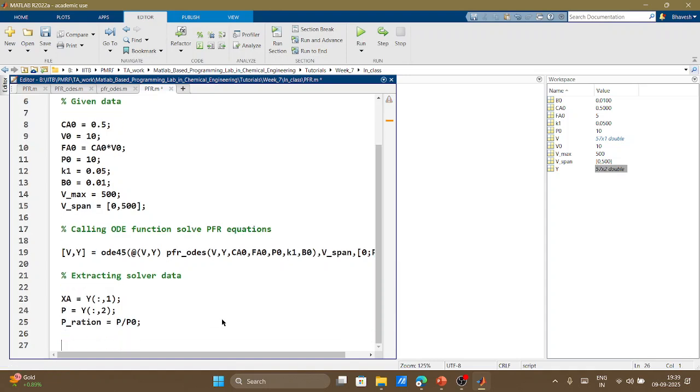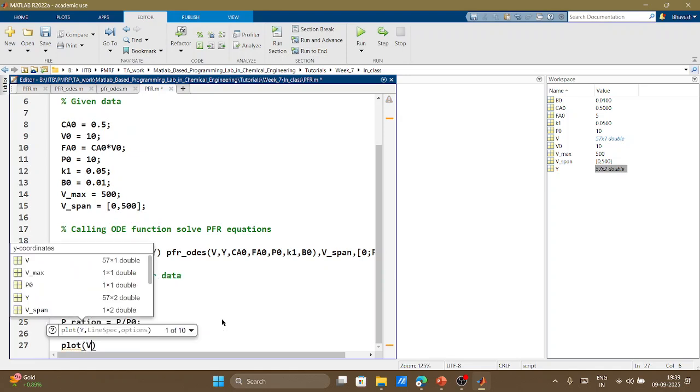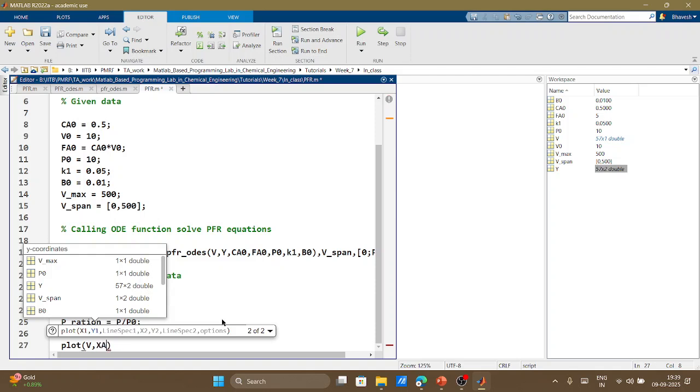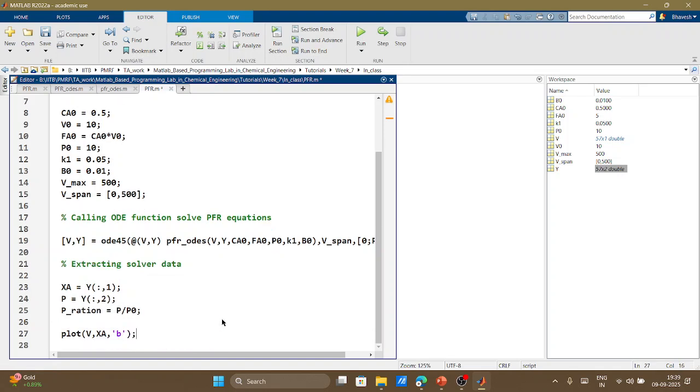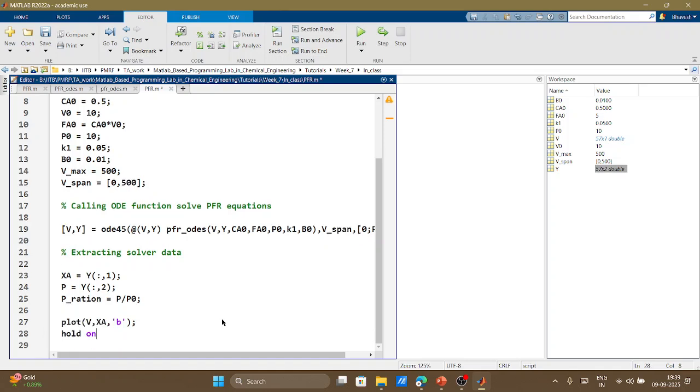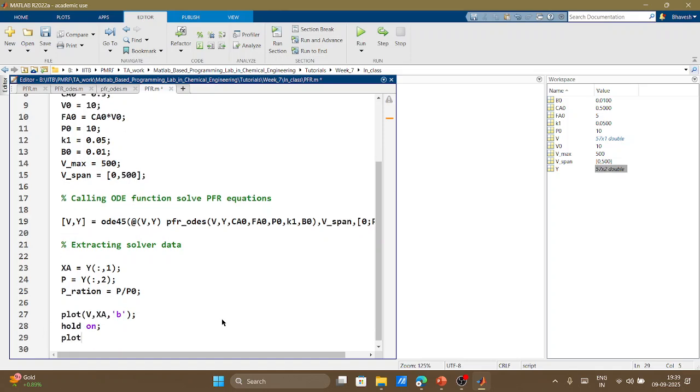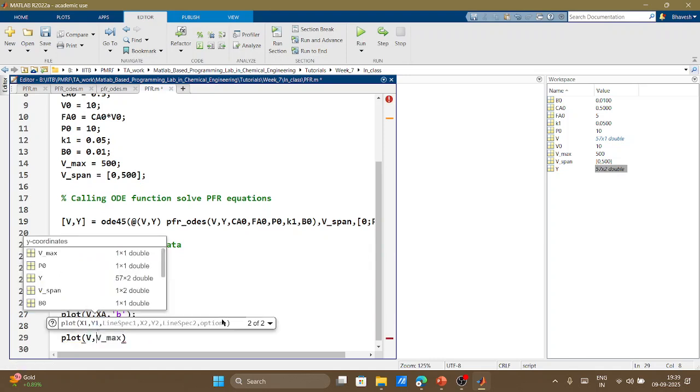Now I want to plot it. So for plotting, we do volume versus XA, right? Let's call it blue color. Then hold on, plot V versus your P ratio.